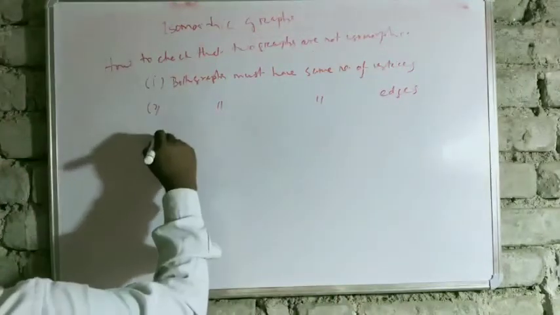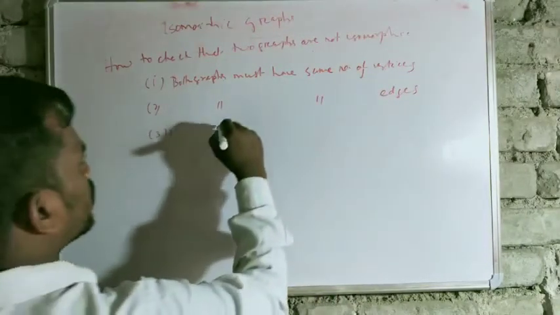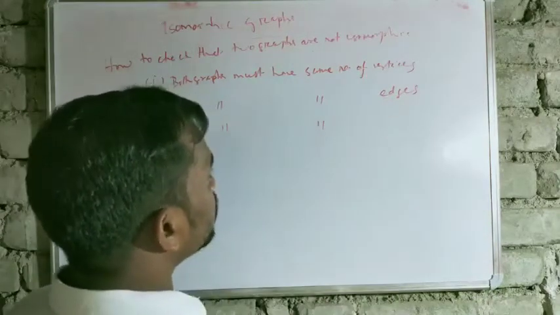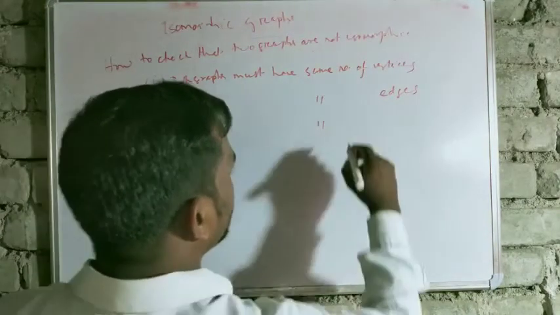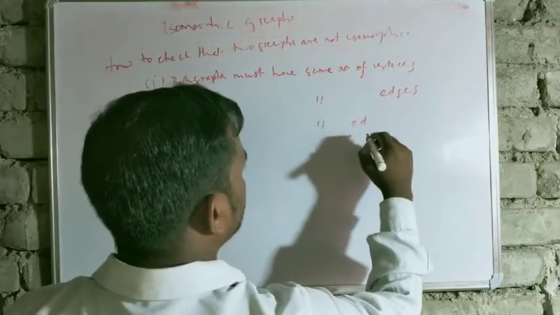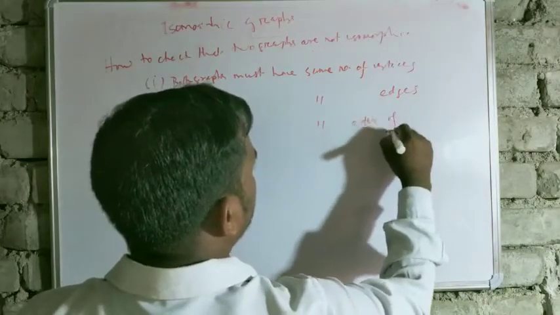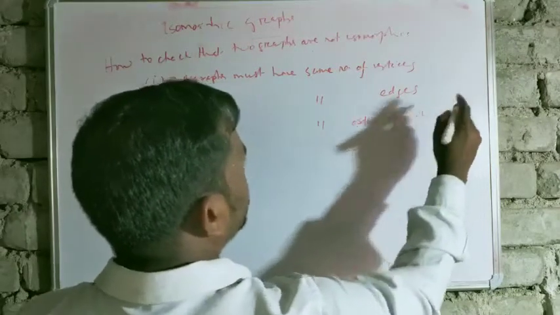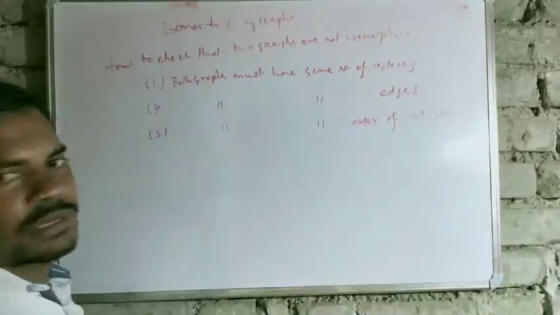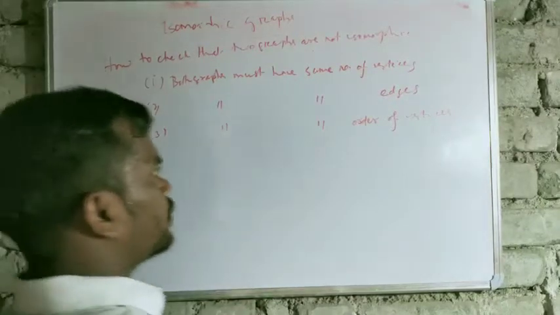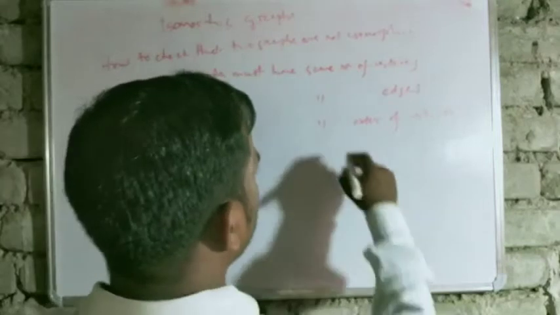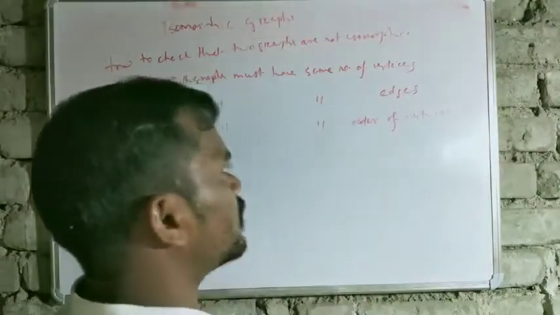And the third point is both graphs must have the same order of vertices. Okay, because we know already each vertex has some order, so both graphs must have the same order of vertices.